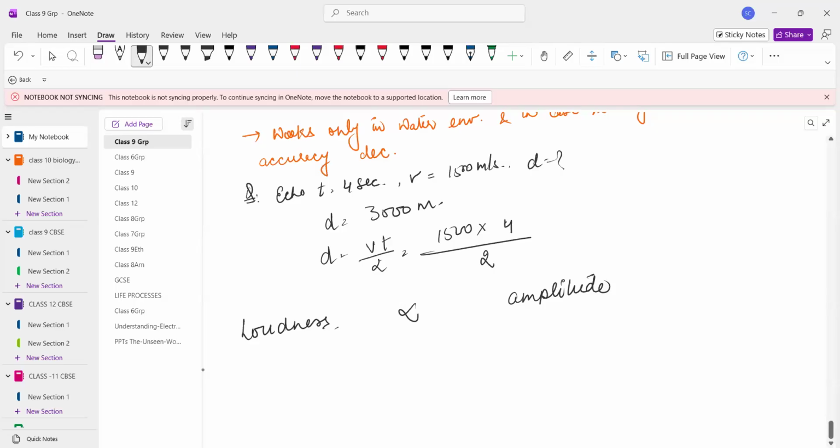Okay, next thing is pitch. What is pitch? Pitch is how high or how low the sound is. We can say the sound is shrill or deep.